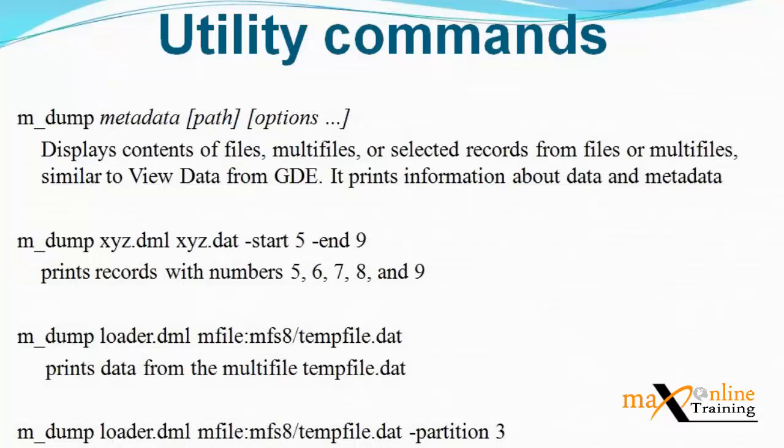The simple usage will be m_dump, DML name, file name. So it will list the records one by one. Suppose you want to restrict the output, like if you want to see from the 5th record to the 9th record, it's like the example specified here: start, then end.